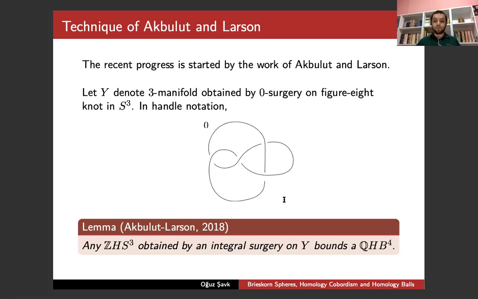What it means: if you do one more surgery on any knot in the three-manifold Y, again you get a closed oriented three-manifold. They say that if it is further an integral homology sphere, then it must bound a rational homology ball.